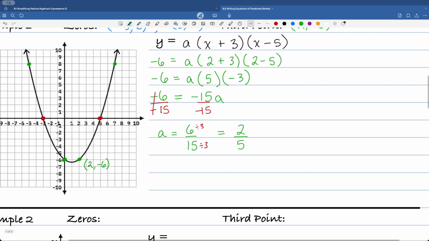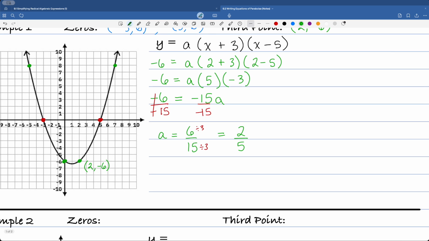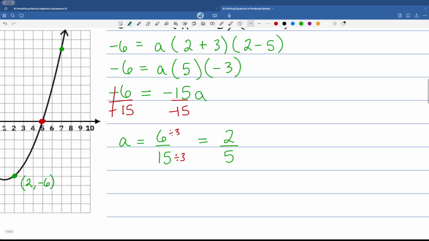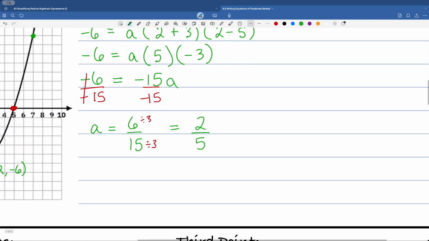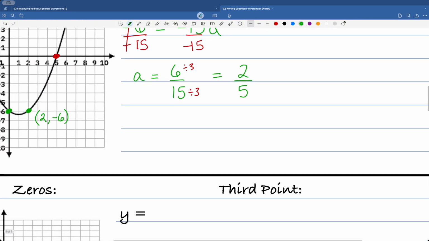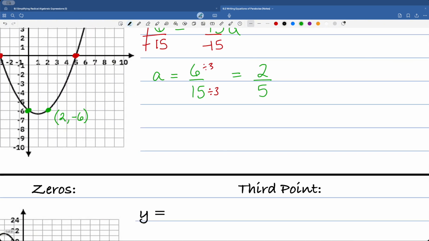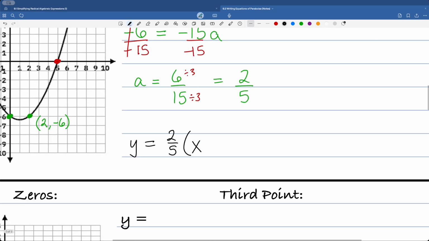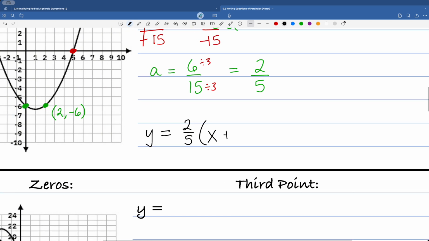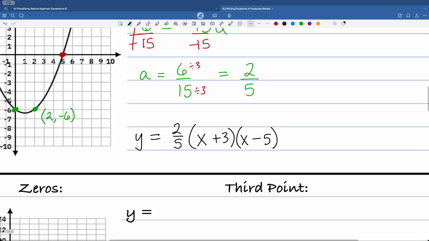So that meant we have a positive a value anyways. So that's a good confirmation to get us where we need to go. And so the final equation is y equals 2/5 times x plus 3 times x minus 5.